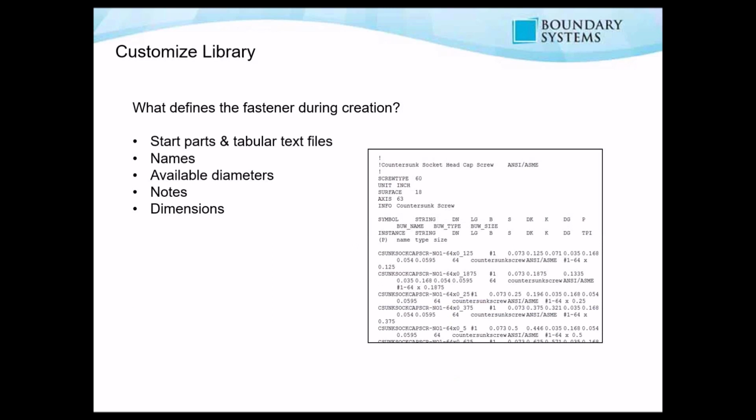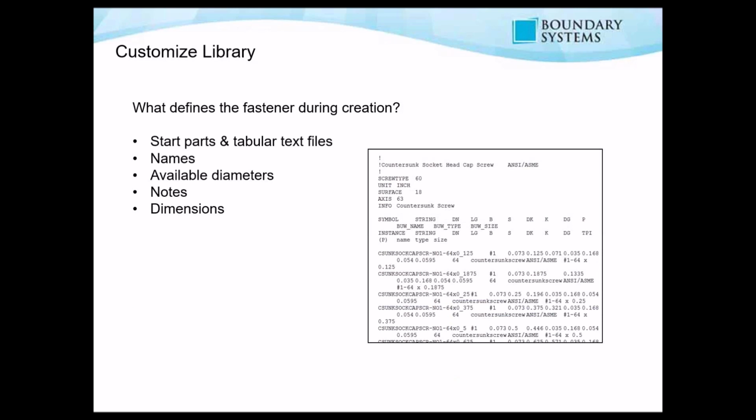So I'm not going to do a full customized demo, so I won't be adding things into the IFX. I'm just going to use this slide and talk a little bit about that. It's important to understand how the intelligent fastener uses certain information.